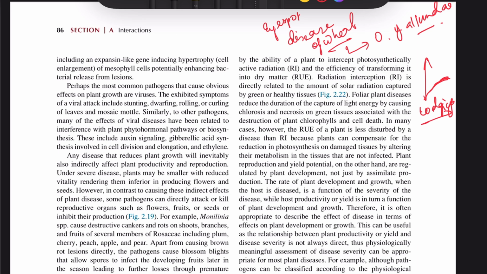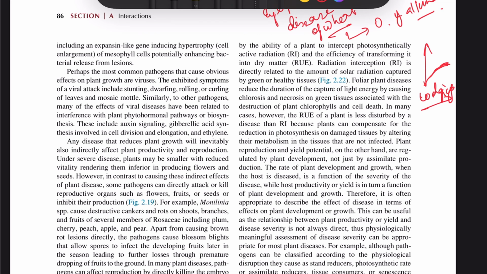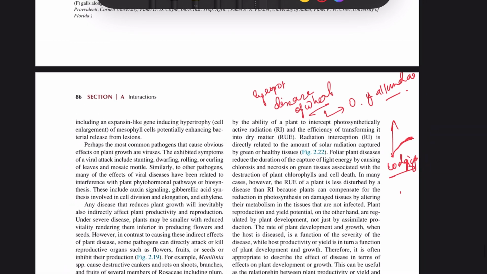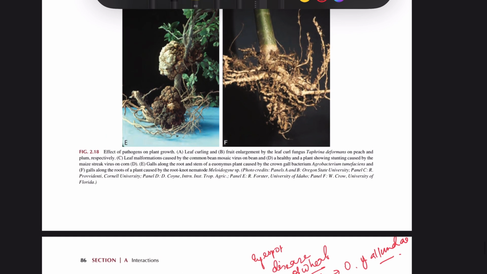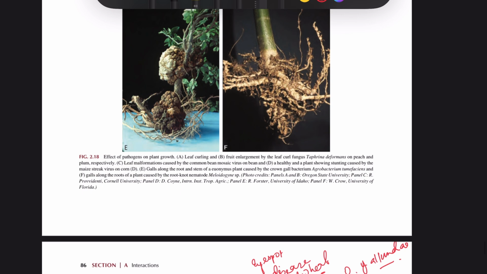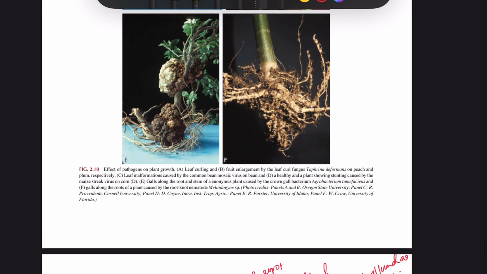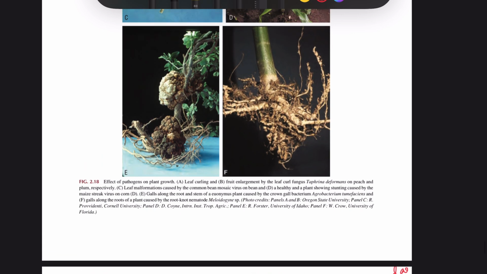Like empty or poorly filled ears. Final result, what will happen? It will lower the grain weight and again yield loss. See how a single pathogen can affect so many physiological parameters. They target everywhere from top to bottom.